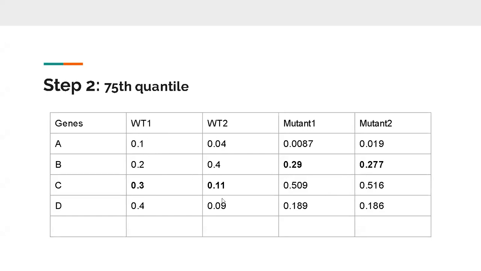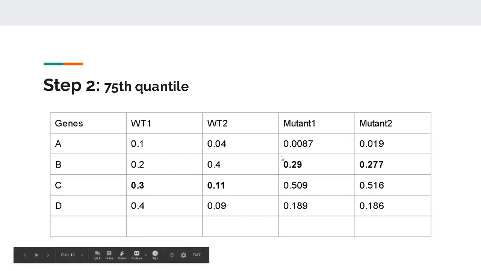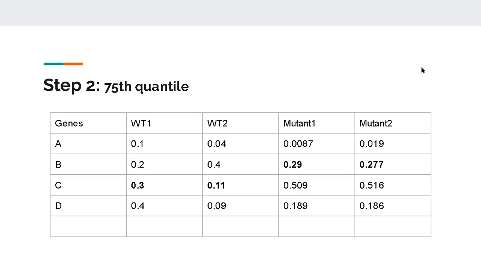Similarly, in wild type 2, your 75th quantile would be 0.11. The only read counts that are smaller than 0.11 are 0.09 and 0.04. And so you will repeat this exercise for all of your samples. You calculate the 75th quantile, and then you take the average of these 75th quantile values. In this case, the 75th quantile average would be 0.216.